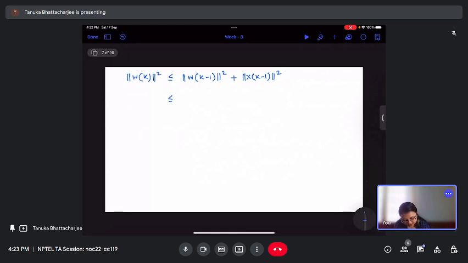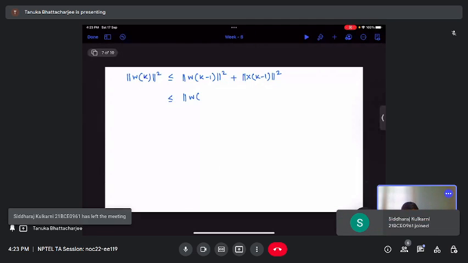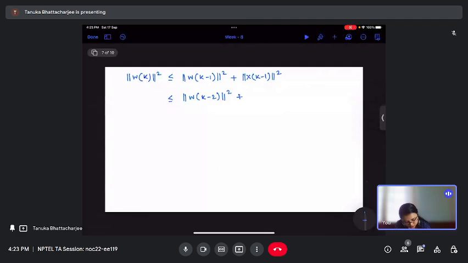It will again be less than or equal to the sum of norm of wk minus 2 square and xk minus 2 norm square. So, you will get norm of wk minus 2 square plus norm of xk minus 2 square plus norm of xk minus 1 square.